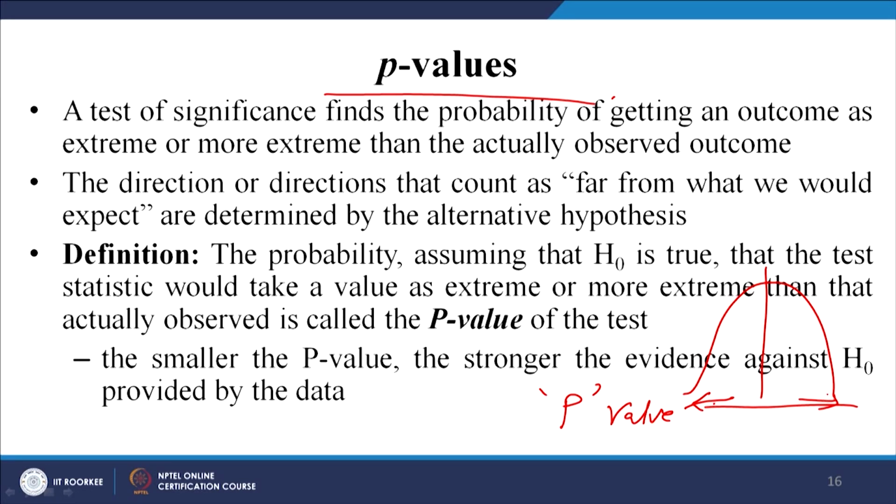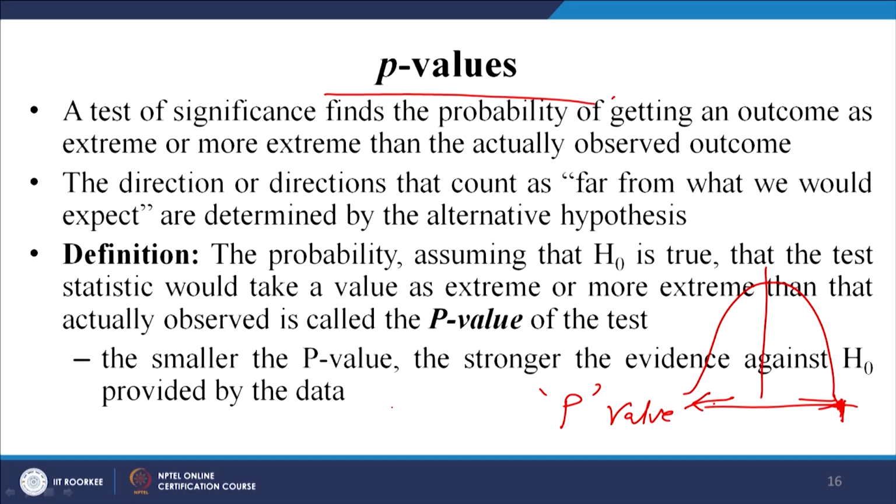If the probability of getting this value is very low, then it is very close to this end. When it is very close towards this end, and the probability is less than 0.05 for a 5% level of significance study, then we will reject the null hypothesis.